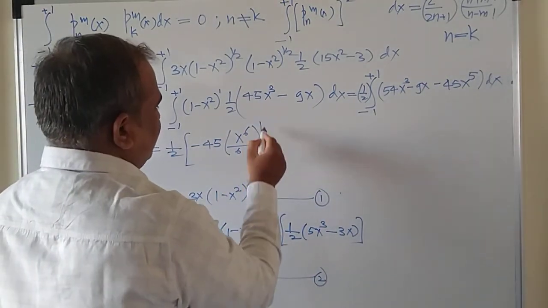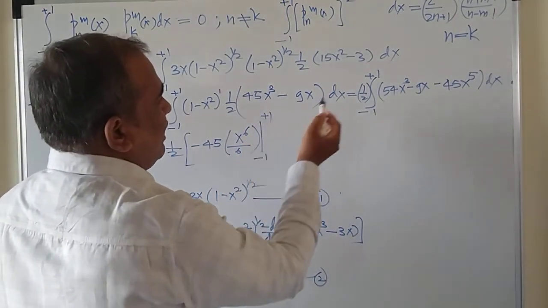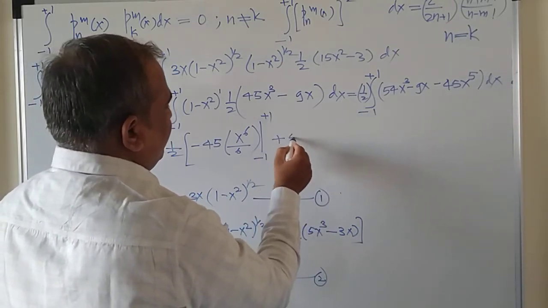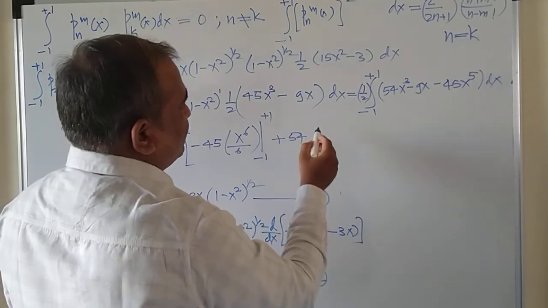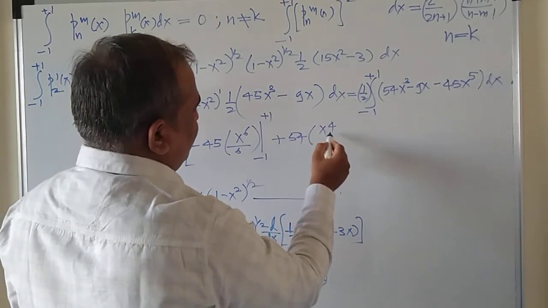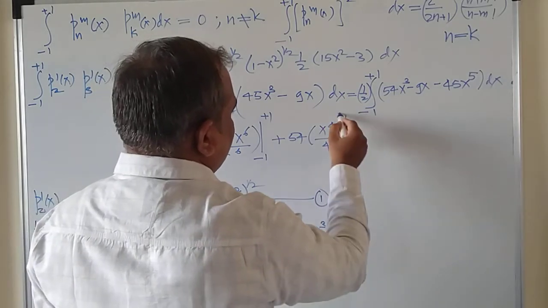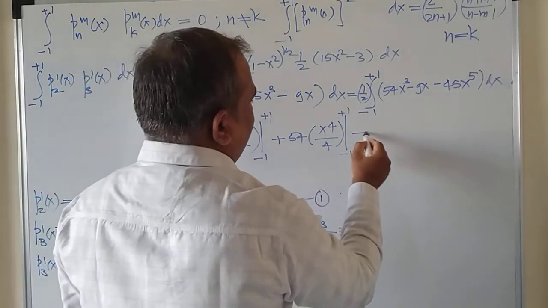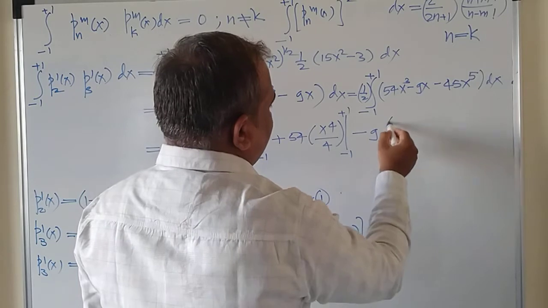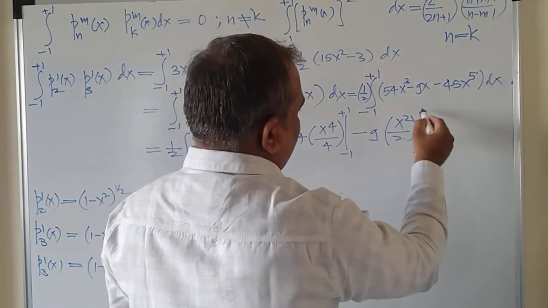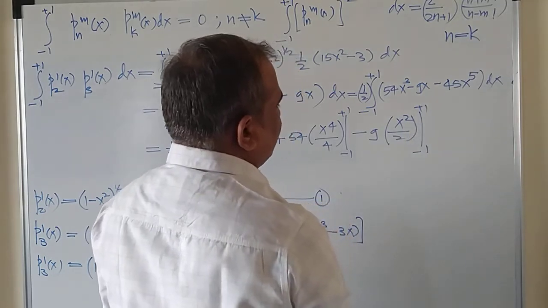And limit from -1 to +1. Second, plus 54 x cube integral is x raised to 4 by 4, and limits are from -1 to +1, minus 9, and integral of x is x square by 2, limits from -1 to +1.